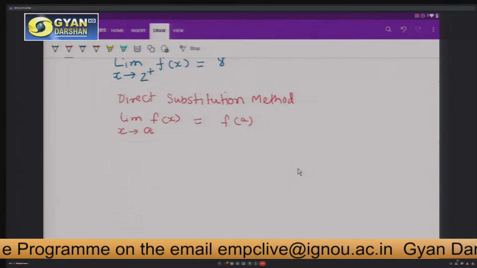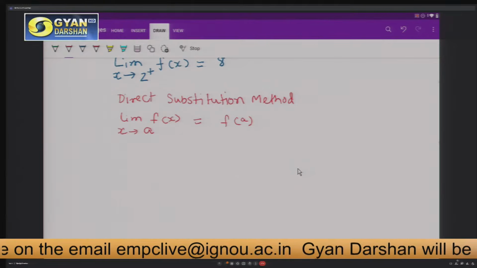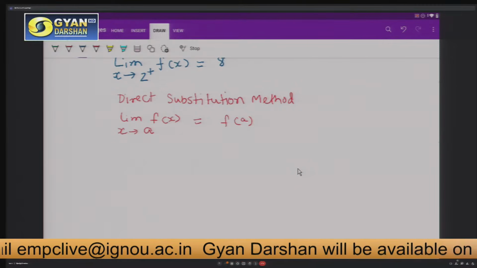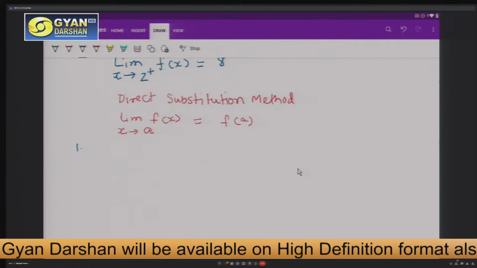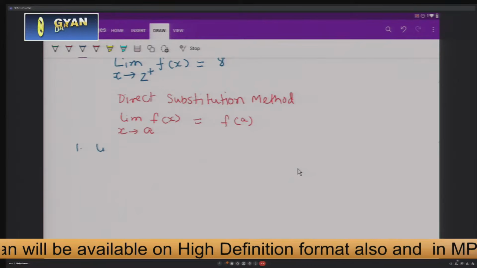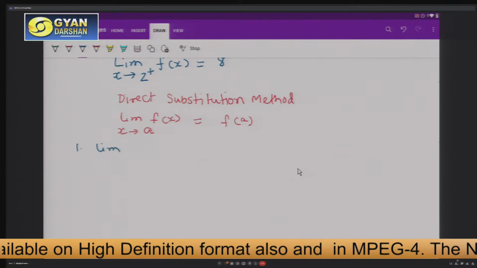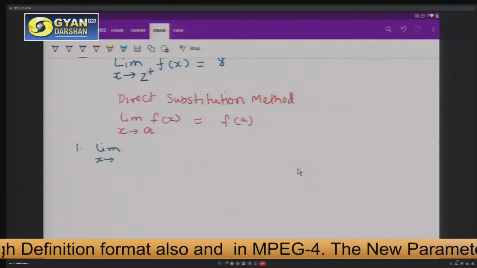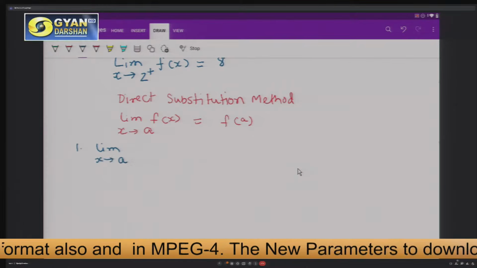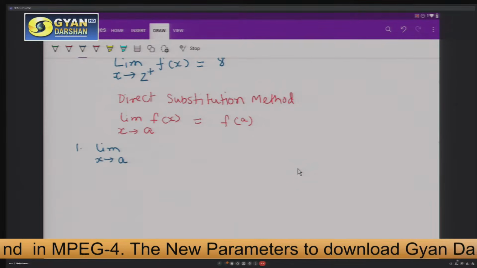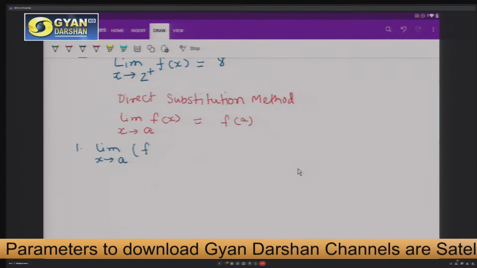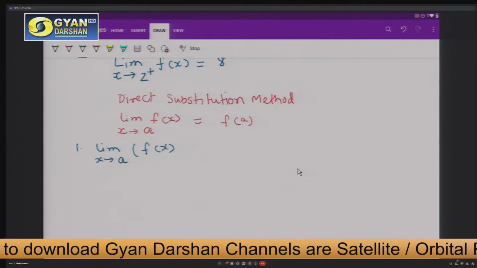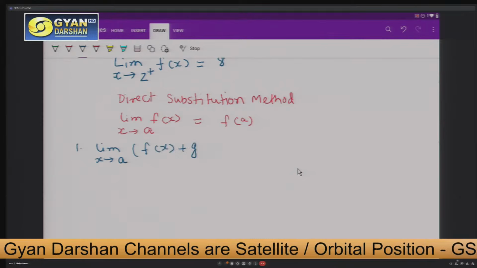You can see, suppose limit x tends to a, f(x) plus g(x).